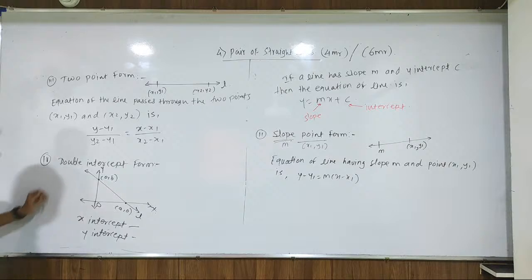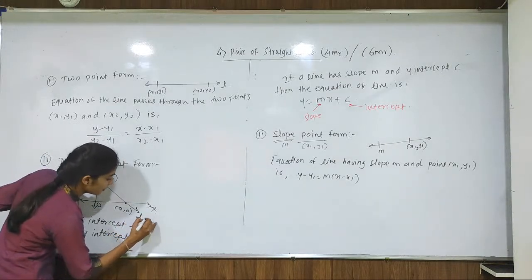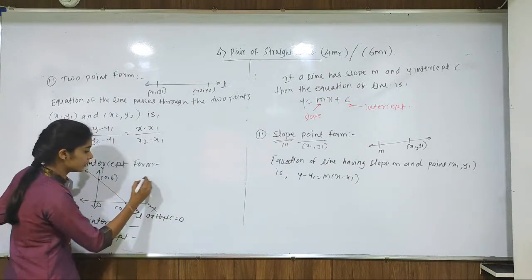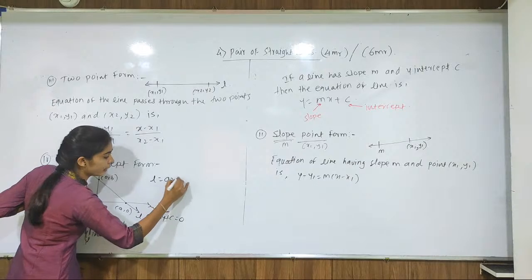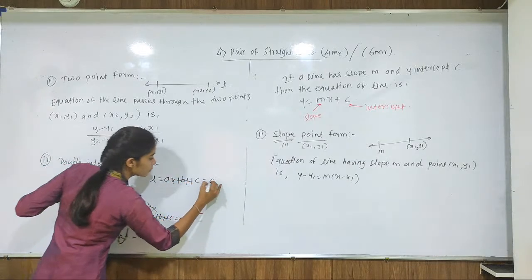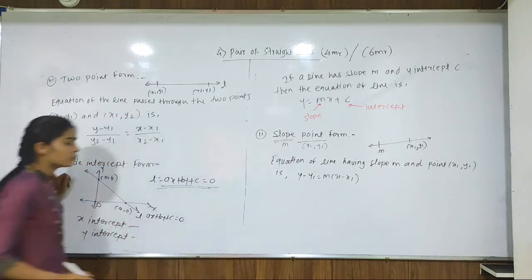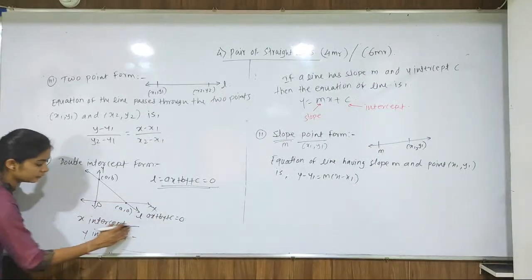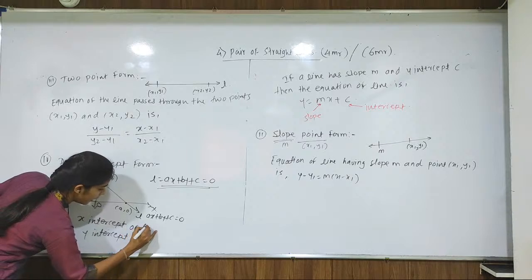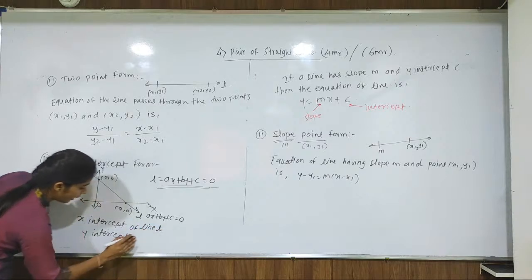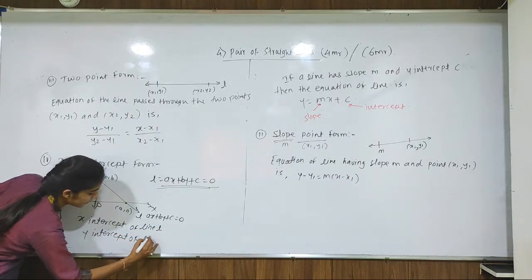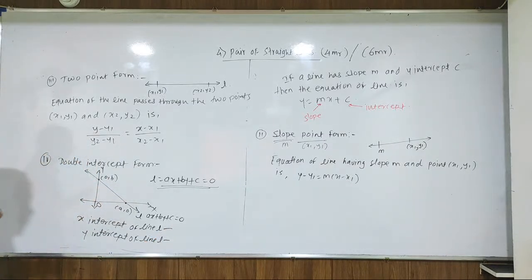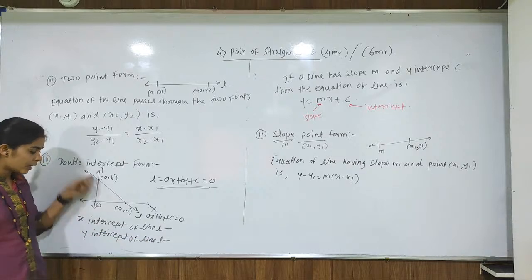Suppose we have this line L and the equation of this line is ax plus by plus c is equal to 0. Now you have to write the x intercept of this line L and the y intercept of line L. Now take the x intercept.